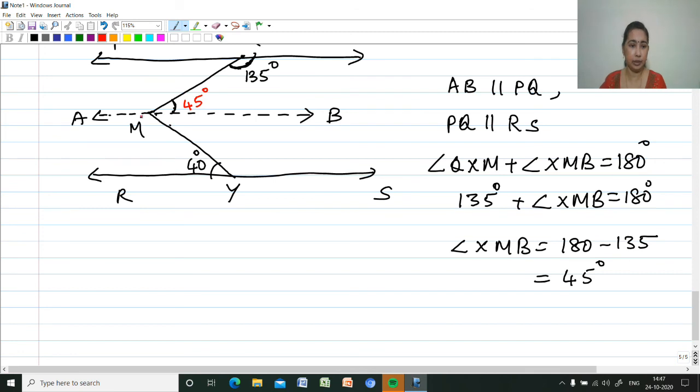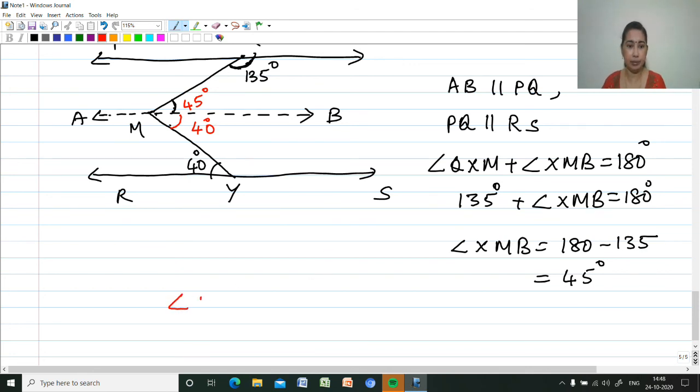Again, here we can see that angle RYM is 40 degrees, and these are parallel lines, RS is parallel to AB. So since here it is 40 degrees, how much will this angle be? This also will be 40 degrees. What is the reason?